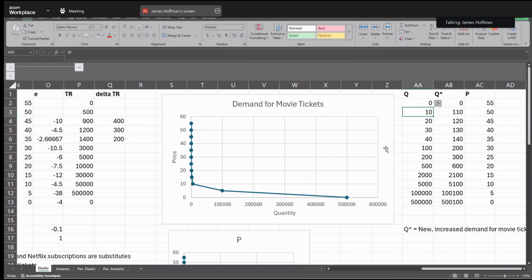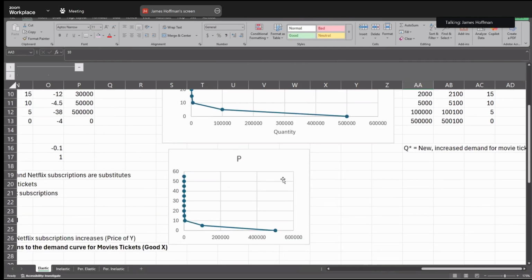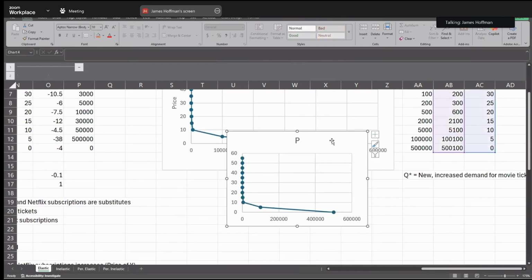Okay. Well, we get the idea of the new demand curve. This is the new demand for DBA.